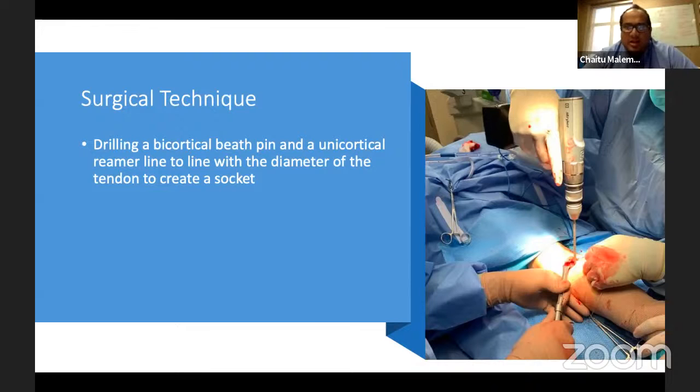And then I use a cannulated reamer that's equivalent to the size of the diameter of my tendon to make my socket. So I use a line-to-line fit and technique. If my tendon diameter is a 7, I'll use a 7 millimeter reamer. And obviously that 7 millimeter reamer is going unicortical, not bicortical, and that creates the socket to introduce our tendon.